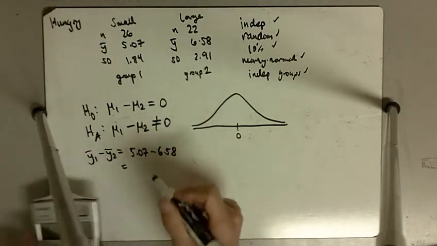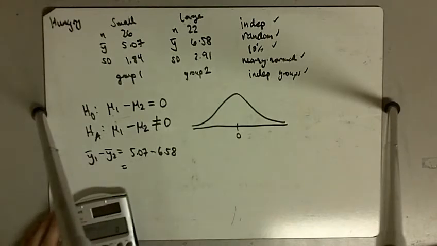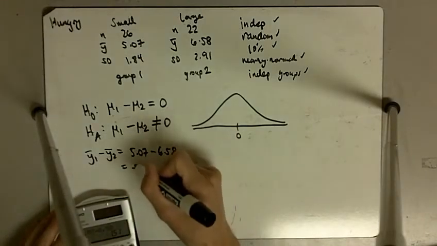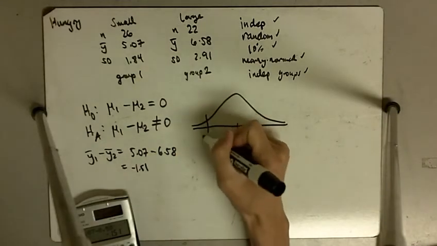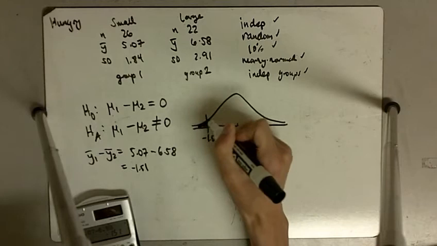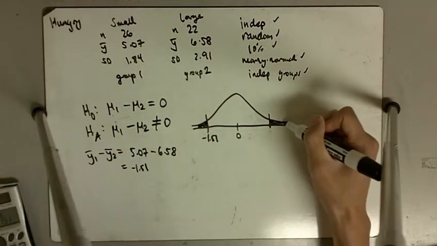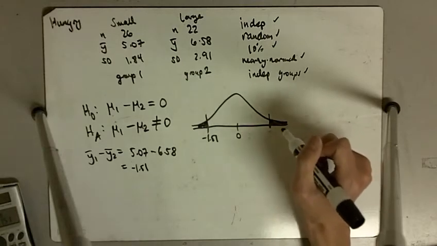So the observed difference is negative 1.51, and we want to know if negative 1.51 is a significant difference or not. And because it's a two-tailed test, we got to also find the probability in the corresponding other side.